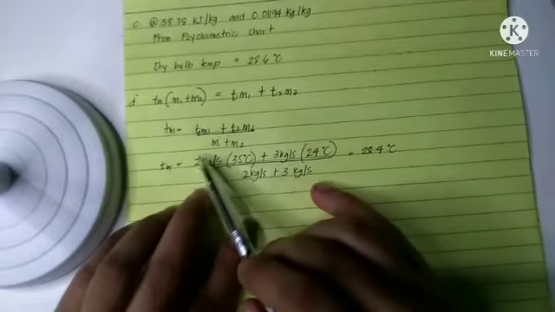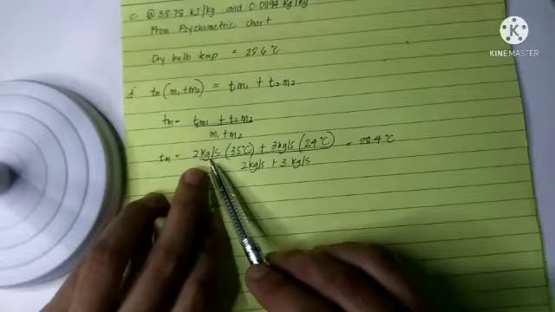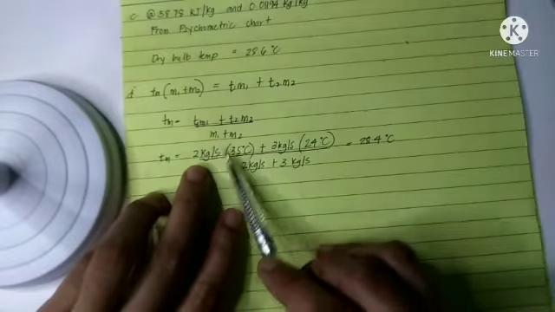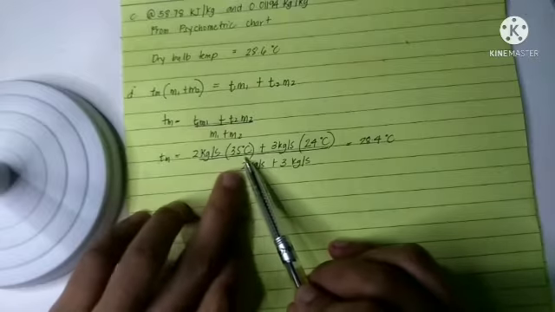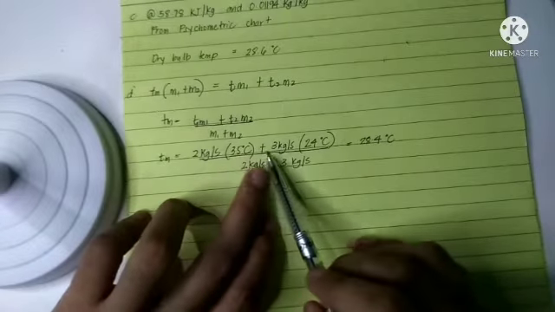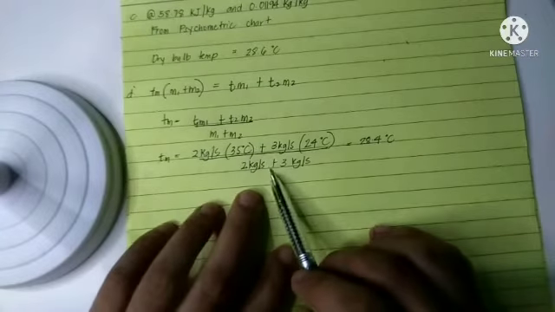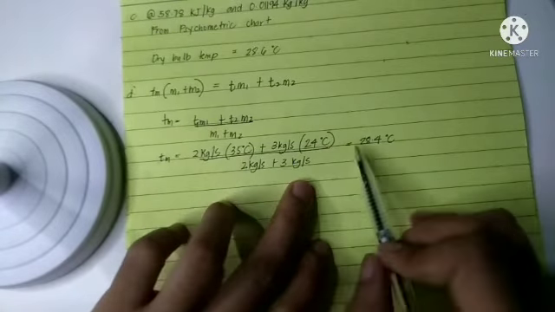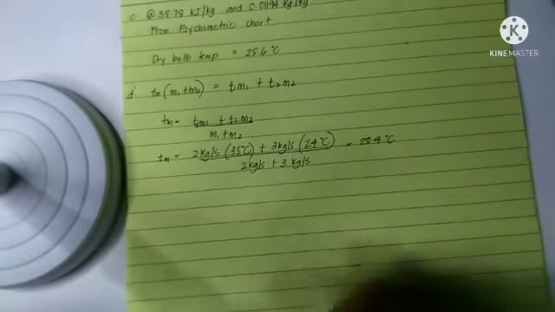So from the given value, let's substitute in the formula. We have 2 kg per second times 35 degrees Celsius plus 3 kg per second times 24 degrees Celsius, divided by 2 kg per second plus 3 kg per second. So it gives us a value of 28.4 degrees Celsius.